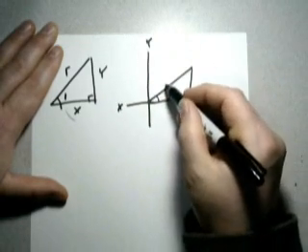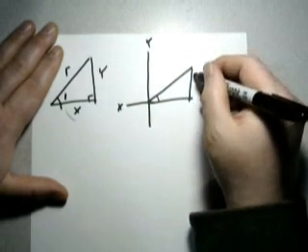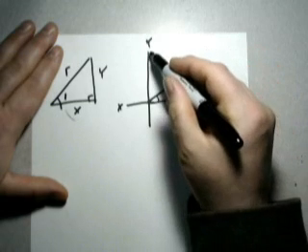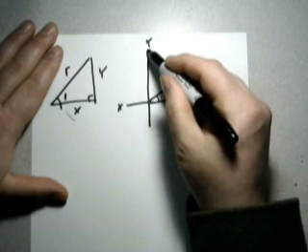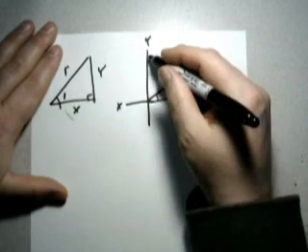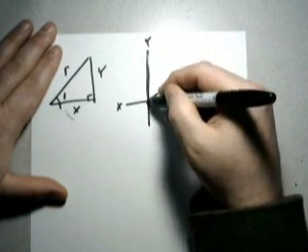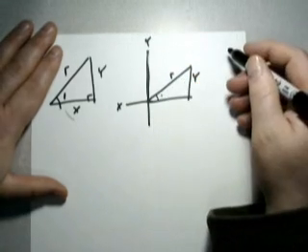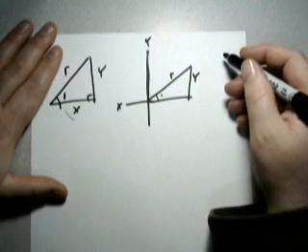As this angle increases so that y and r become the same thing, we're going to be right up here, right on the y-axis. That's where the angle will be. And at that point in time, angle 1 will be 90 degrees.